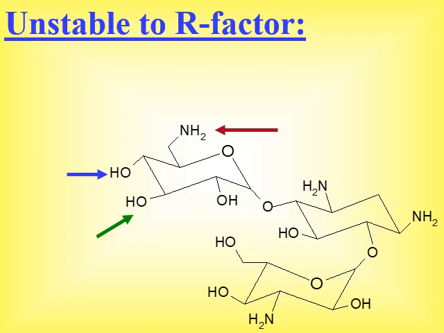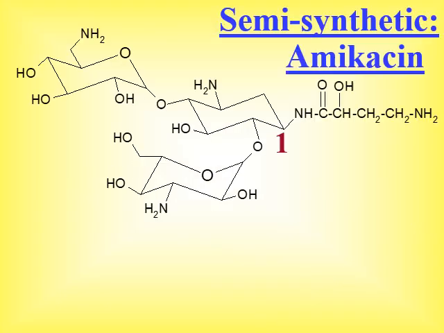The red arrow showing the amino group can be acylated, the green one can be phosphorylated, and the blue hydroxyl group can be adenylated. So we can solve this problem by semi-synthetic aminoglycoside from kanamycin.